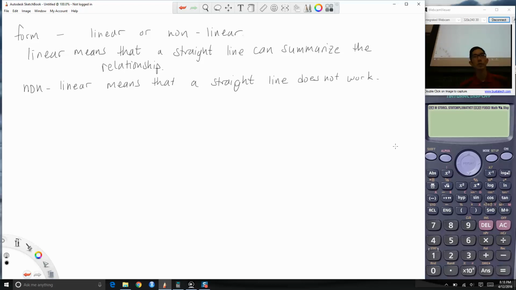Yes? So does this mean on the scatter chart, you put a line where the direction is? If it matches, that means it's linear? Well, maybe I'll draw a few examples, and I hope this will answer your question. This would be an example of a linear relationship because it looks like a straight line could describe the relationship between x and y.